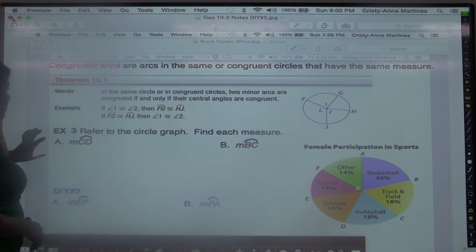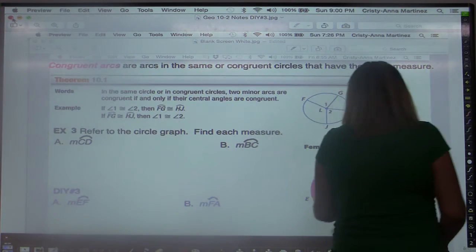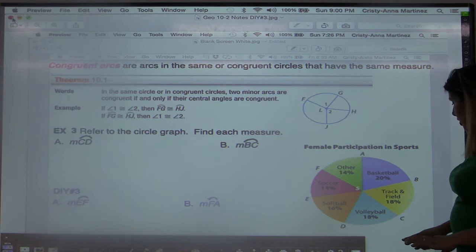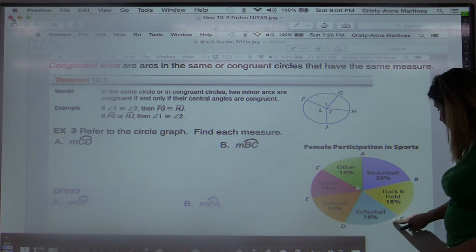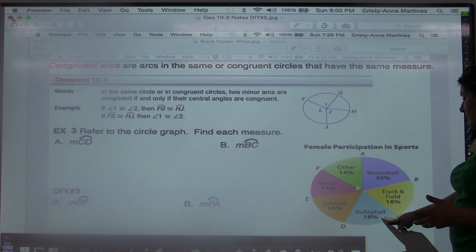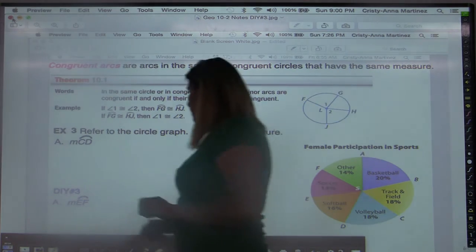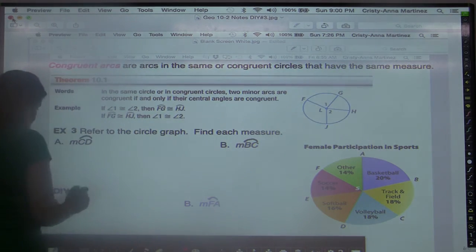In example 3, we refer to the circle graph over here on the right, and it says find each measure. I want the measurement of arc CD. When I come to my circle graph, I can see that arc CD is this portion right here, labeled as 18%. That means it's 18% of the entire circle, and we know that the entire circle has 360 degrees.